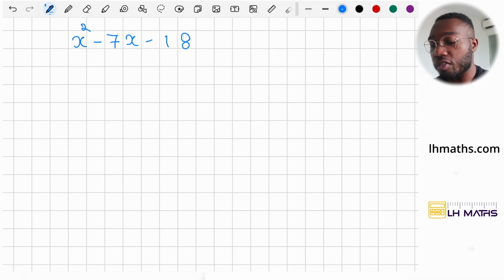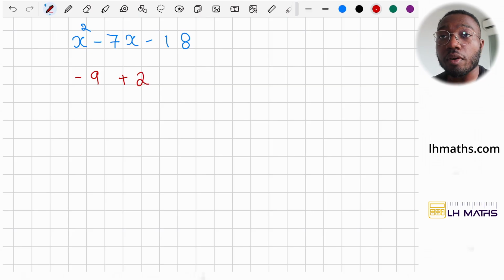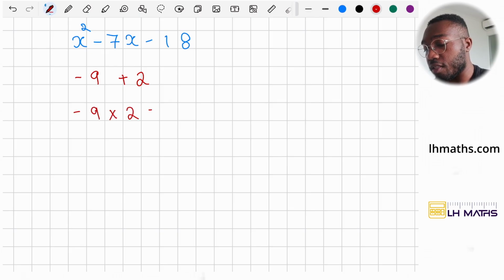So if we have 9 and 2, then it would be a minus 9 and a positive 2, okay? Because a minus 9 plus a positive 2 will give us minus 7, and then a minus 9 times a positive 2 will give us our minus 18.